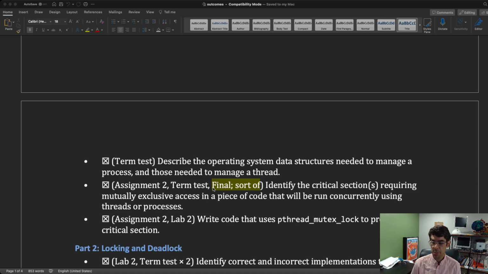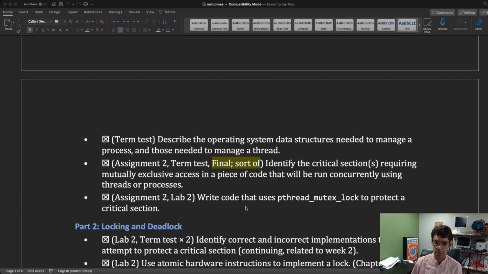I'm expecting you to know approximately what operations the code that's not shown to you could be doing, and then think about how concurrent execution of those operations could lead to a critical section. So in this case, you're not going to be seeing any code, but you do have to think about how running code concurrently that implements certain operations could lead to having a critical section in some code.